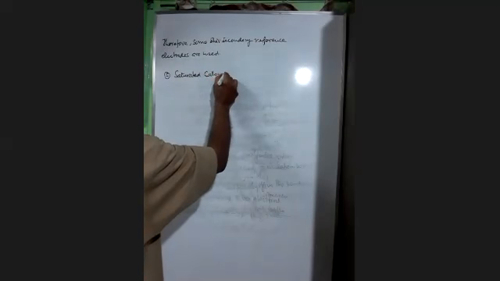What are those? Saturated calomel. Hey, don't get scared by calomel. Calomel is mercurous chloride, Hg2Cl2. Okay? So I'll write down here, Hg. Hey, don't get scared.